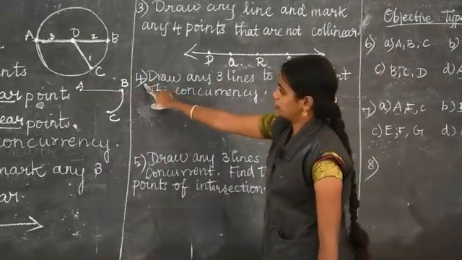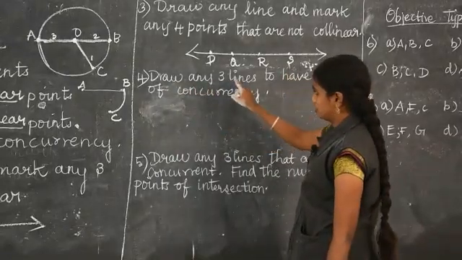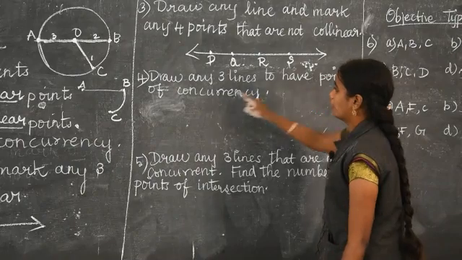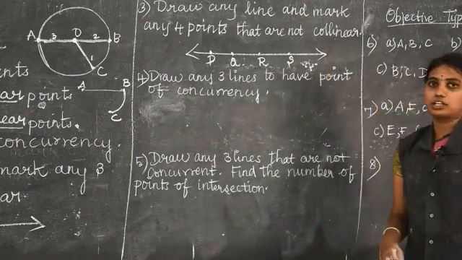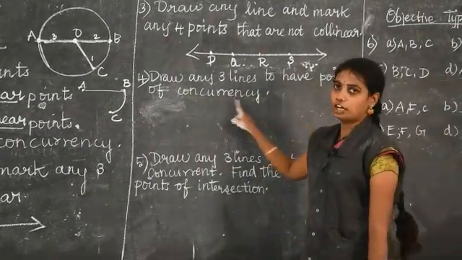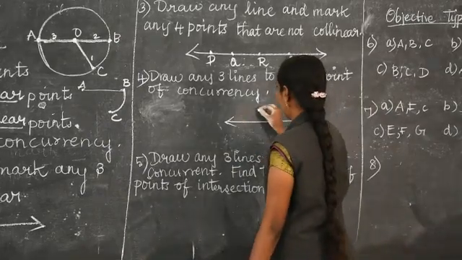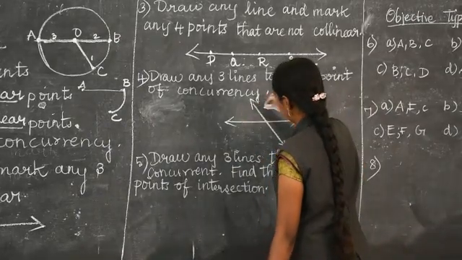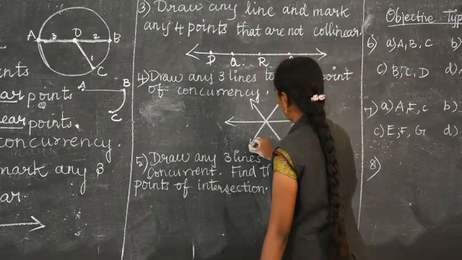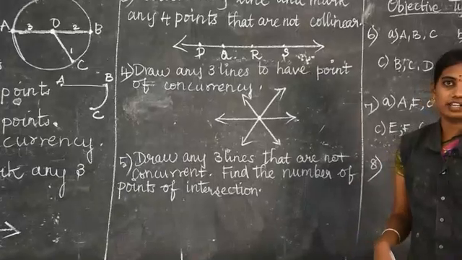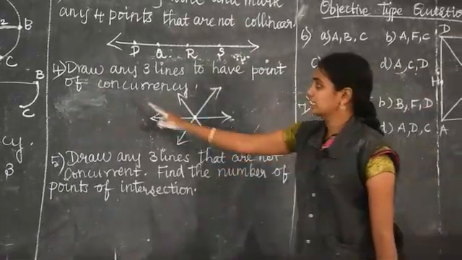Next, option 4, draw any 3 lines. Any 3 lines you have to draw to have a point of concurrency. 3 lines through one point you have to draw, because that time only you will have a point of concurrency.